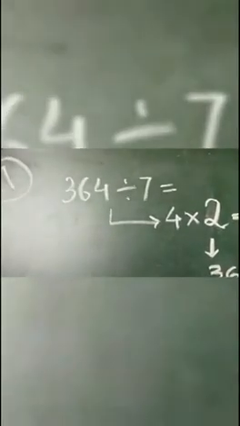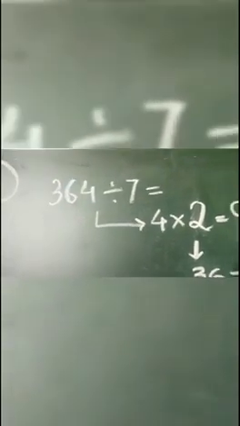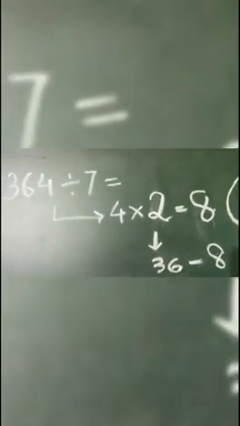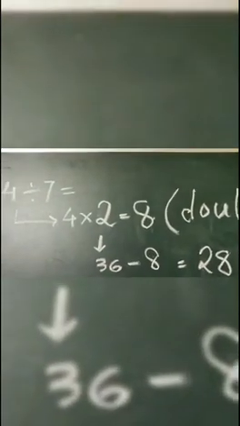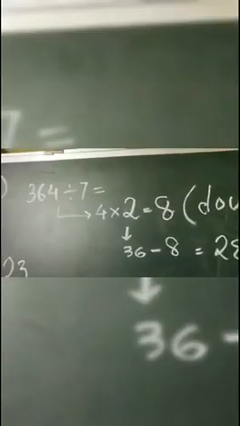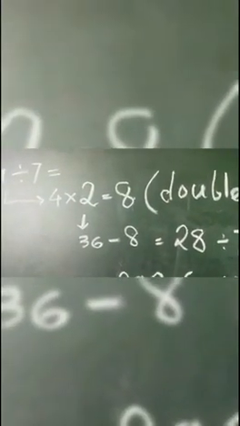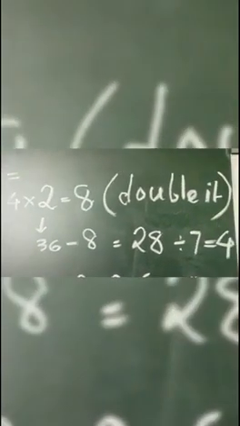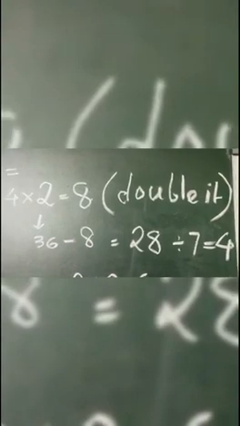First of all, we will double the last digit, that is number 4, and the answer is 8. Now we will subtract this 8 from the remaining number, that is 36, and then we will get the answer 28, which is very easy to understand, that is divisible by 7 and the quotient will be 4.